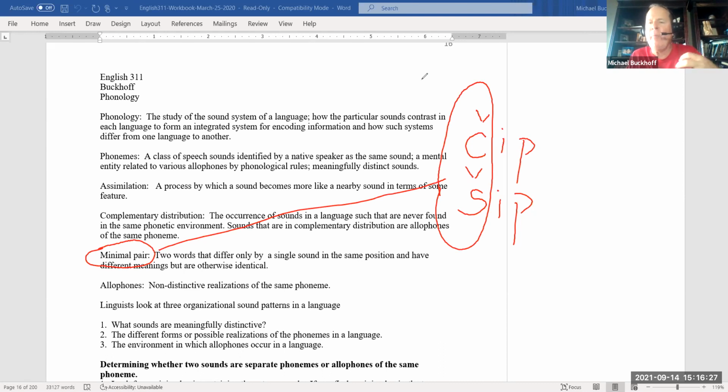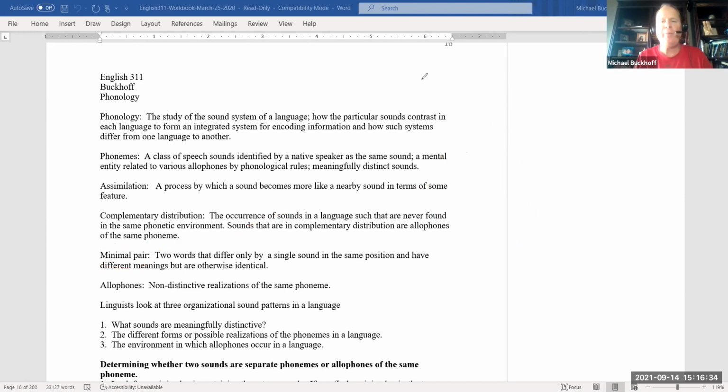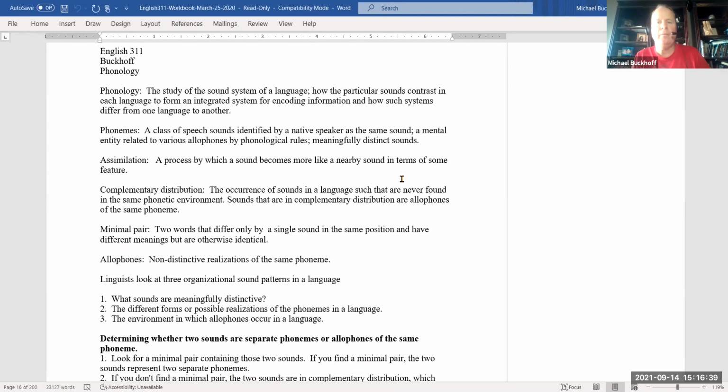Now remember, what might be a separate phoneme in English doesn't mean it'll be a separate phoneme in another language. Now, Spanish speakers can tell me this. I'm going to say this one and then this one. Okay, Spanish speakers, we have the R and the trilled R. Are these separate phonemes in Spanish?